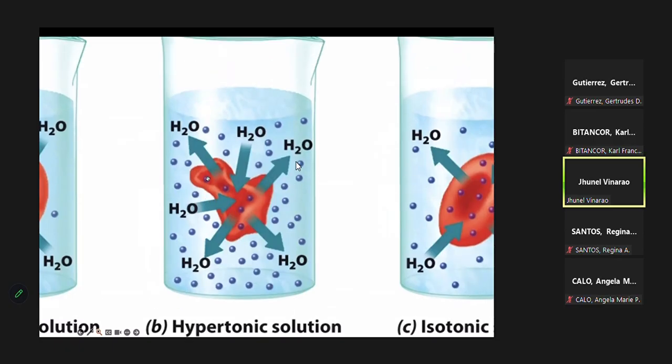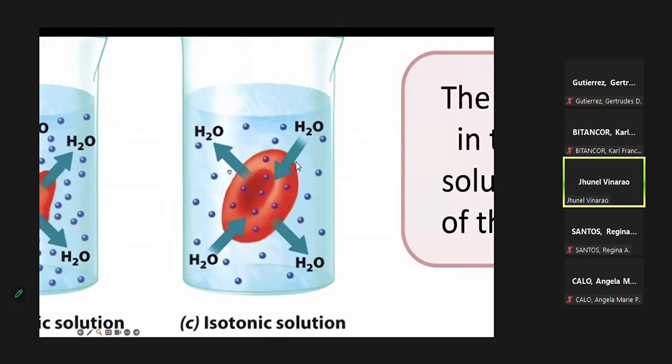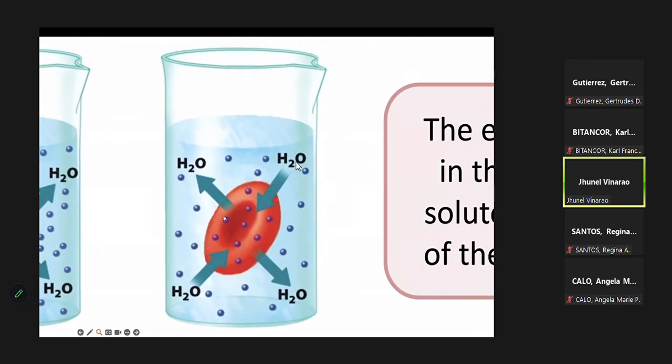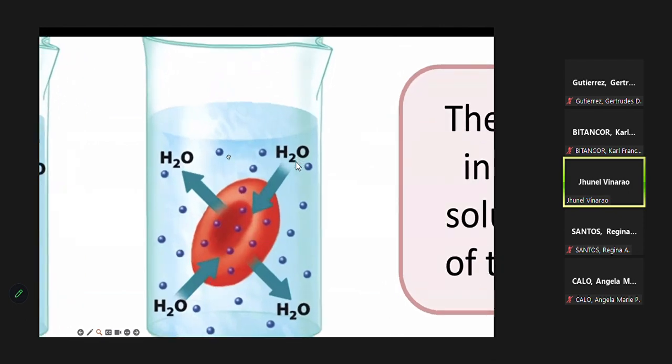So this is the condition of the cell under a hypertonic solution. If it's an isotonic solution, when you have an equal concentration of solute outside and inside of the cell, the movement of water is equal. There is no net movement of water.